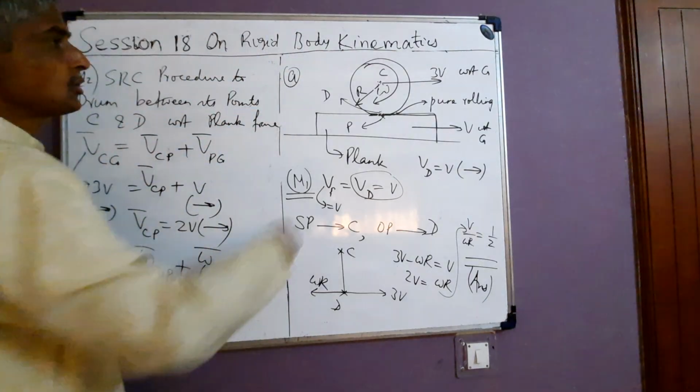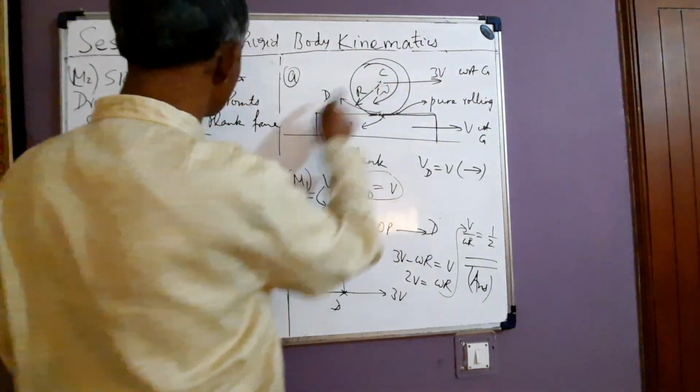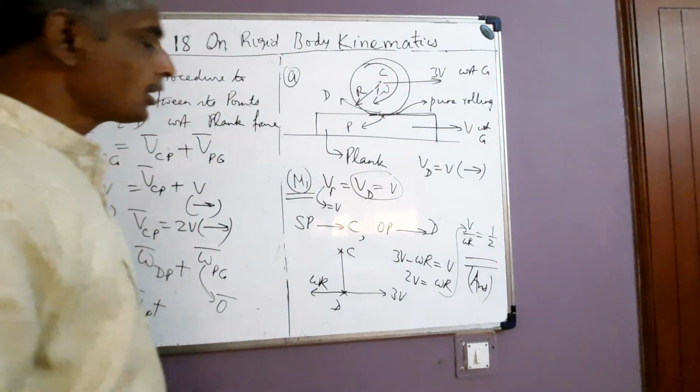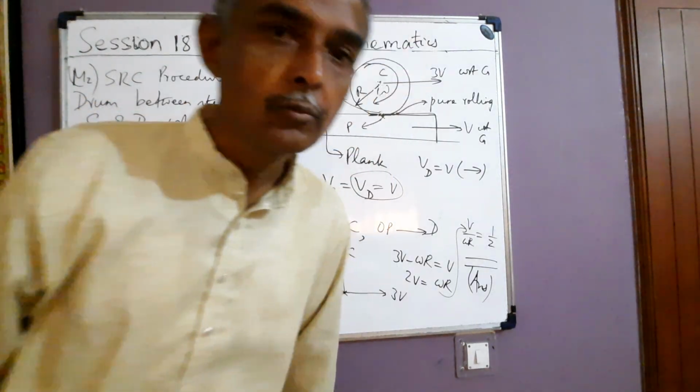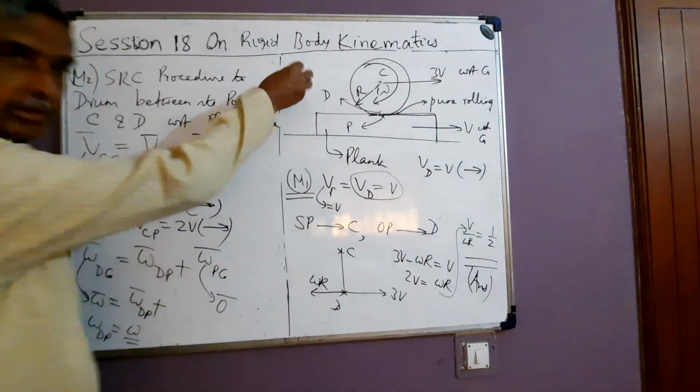Alright. And velocity of center C of the drum with respect to plank is how much? 2v in rightward direction. Now we apply SRC to the drum between the point C and D in the frame of plank. Alright.